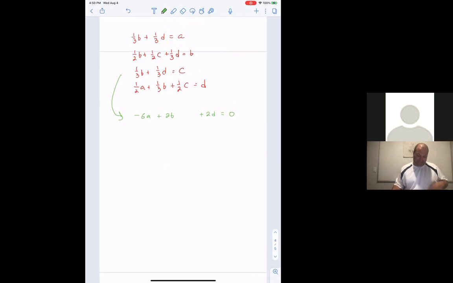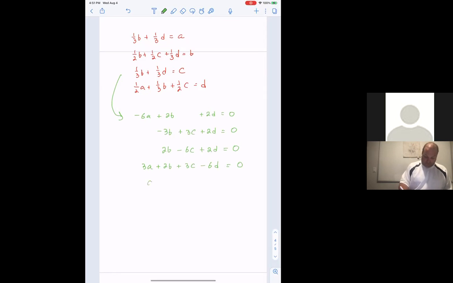If we multiply by 6, we have 3B, so minus 3B plus 3C plus 2D is equal to 0. We have 2B minus 6C plus 2D is equal to 0. And then we have 3A plus 2B plus 3C minus 6D is equal to 0.